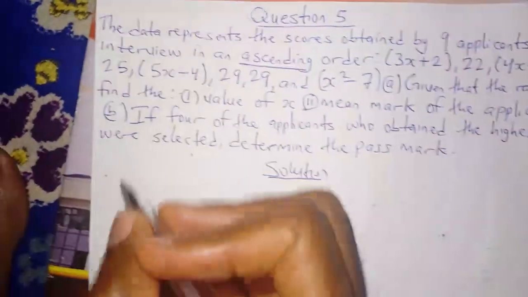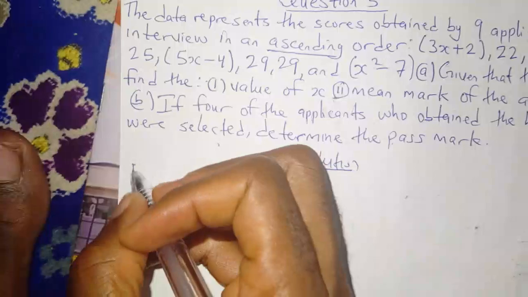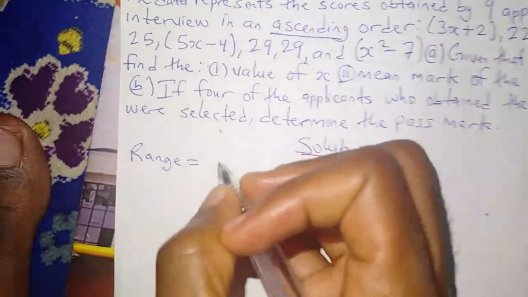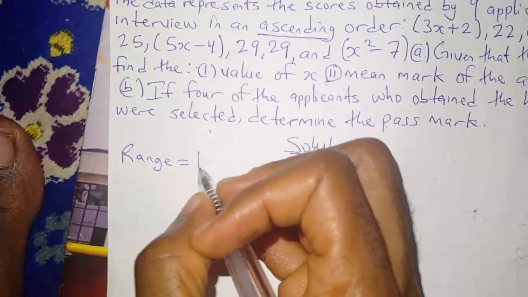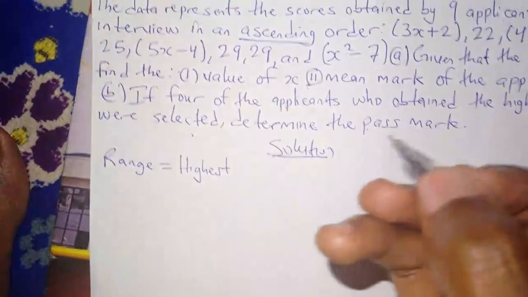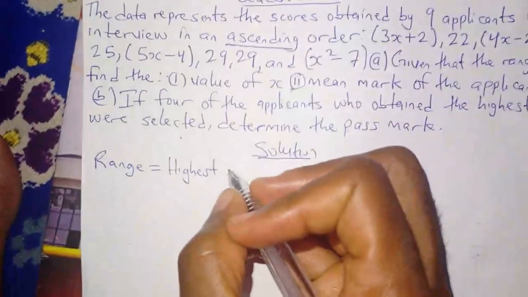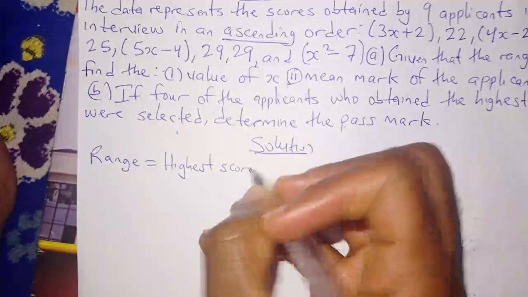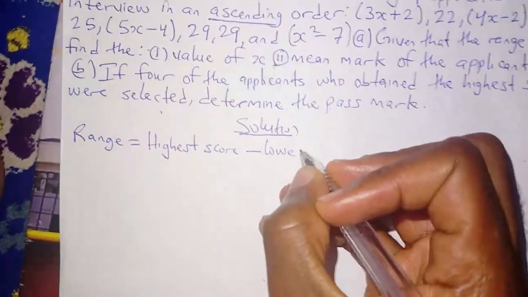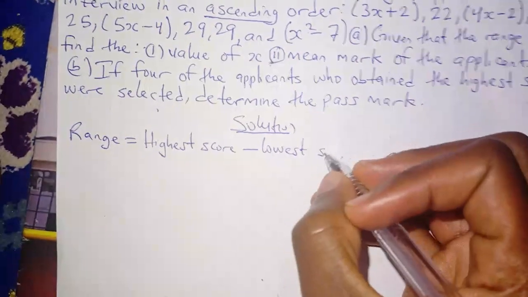Now, the formula for range, the range of a set of numbers, is given by the highest value, the value in this case is the scores, so highest score minus the lowest value, minus the lowest score.